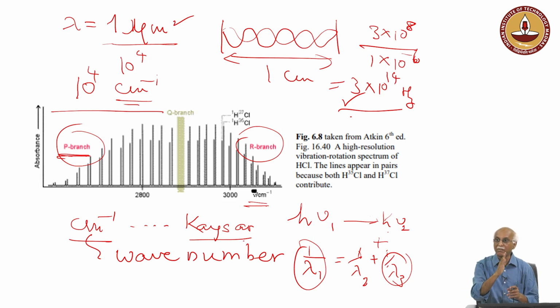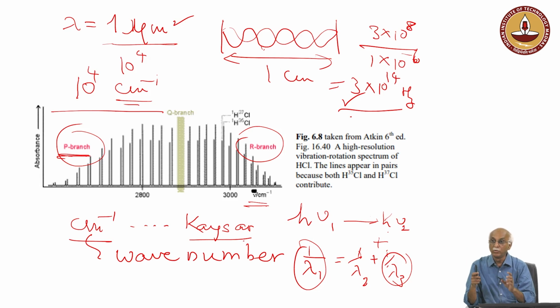You just say the frequency shifts by 3000 centimeter inverse wave number. So, if the frequency corresponding to the wave number was 10,000, then the new frequency is 10,000 plus 3000, 13,000 centimeter inverse. You simply add it.